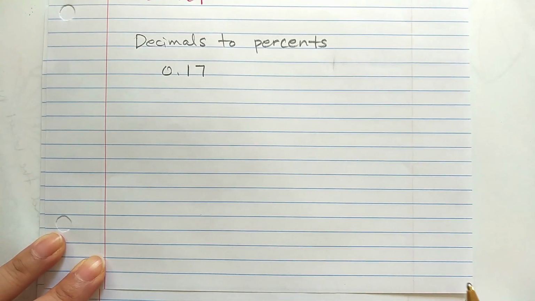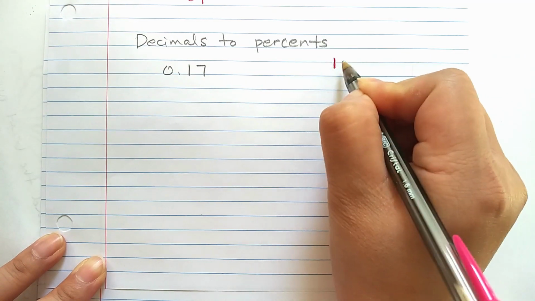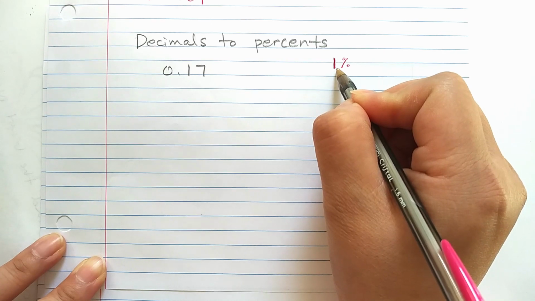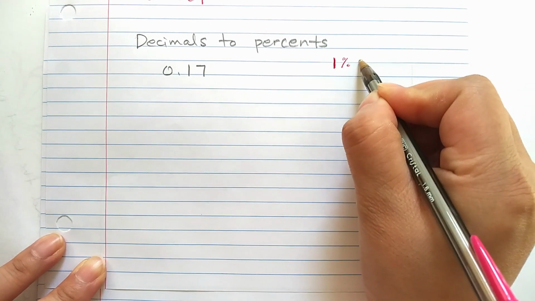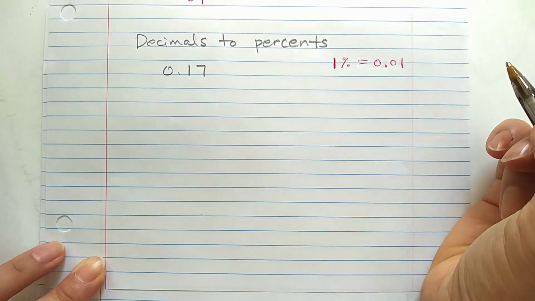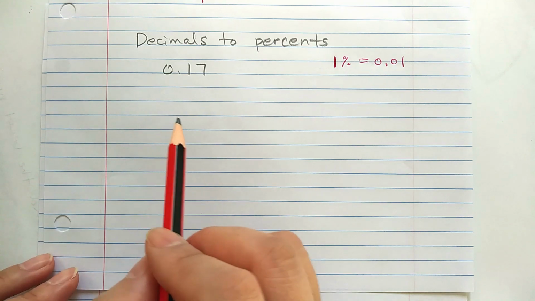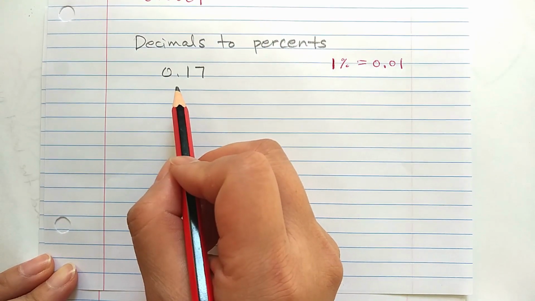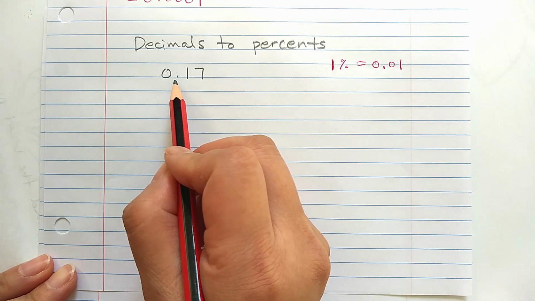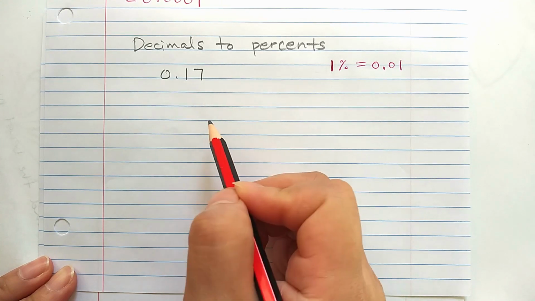How do we convert decimals to percent? Previously, we converted a percent by moving the decimal point 2 steps to the left. So 1% is equal to 0.01 in decimal. When we convert from decimals to percent, we'll do just the opposite. So instead of moving decimal point 2 steps to the left, we're going to move it 2 steps to the right.